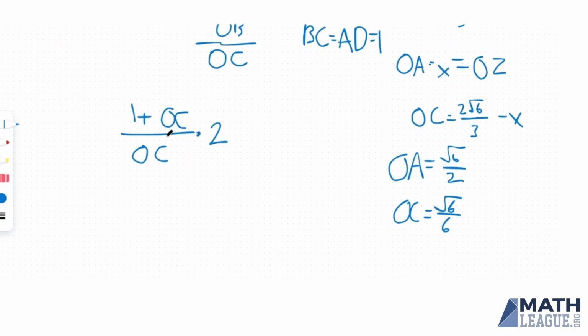And since we know that OC equals root 6 over 6, the edge length then becomes 2 times the fraction (1 plus root 6 over 6) over (root 6 over 6), which simplifies to 2 times (root 6 plus 1), or 2 root 6 plus 2.